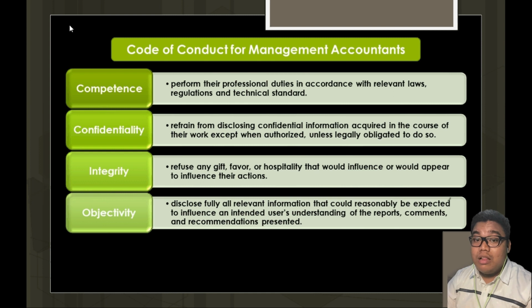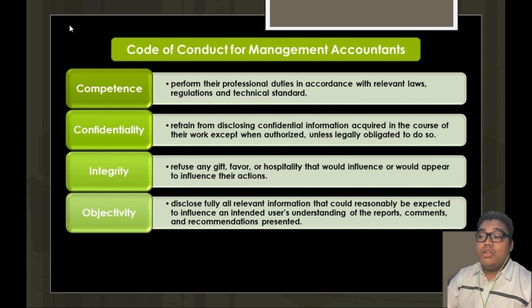Integrity, we should be someone who is believable, who has a good image, so that the reports that we present to the interested parties or to the decision makers should have that believable factor in them.